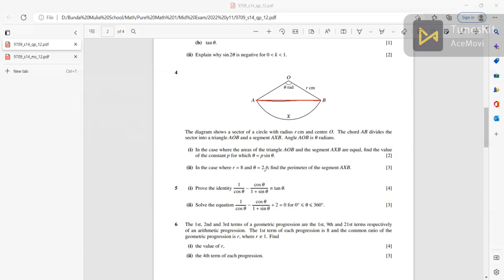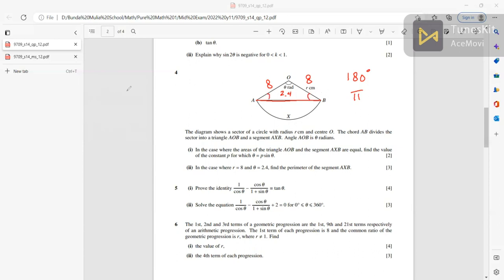It says that the theta is 2.4. We must know that the total angle of the triangle, it is 180 degree, or it is pi. So we know this is R, or this is 8. So we can find this angle and this angle.